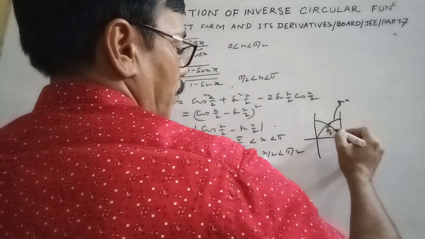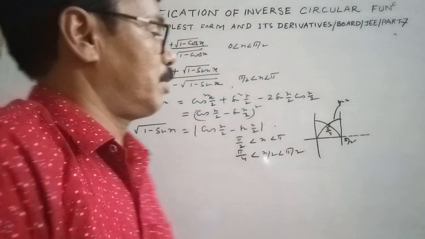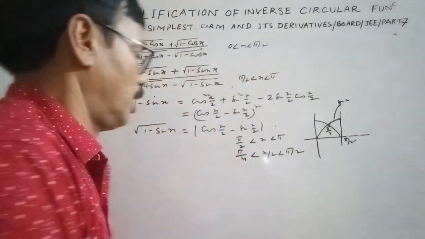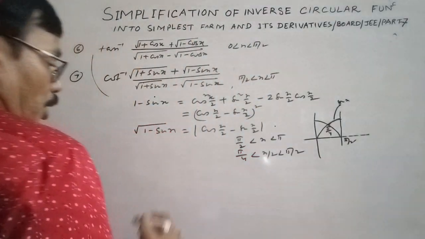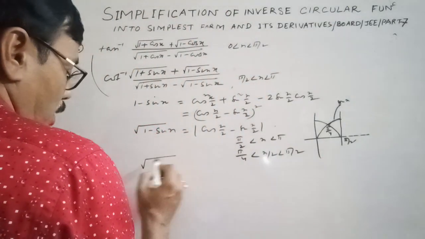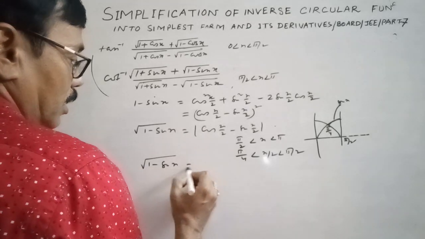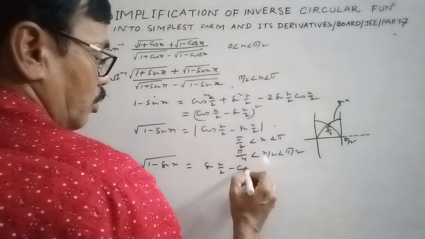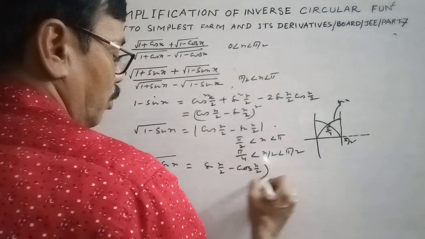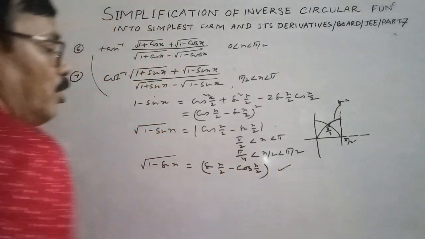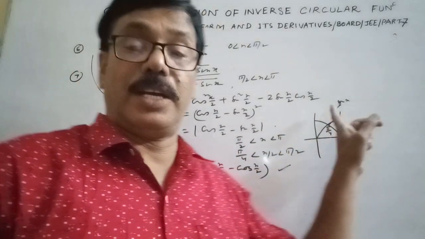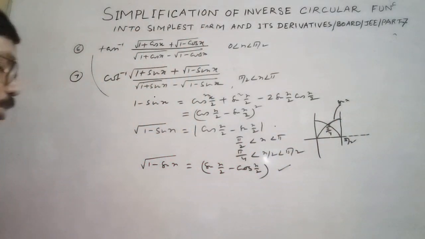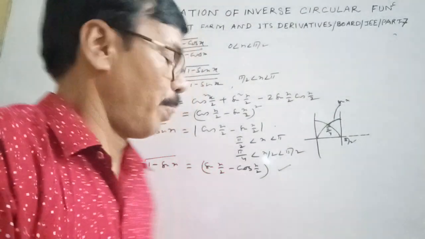The sine curve is above the cos curve, so sin x/2 is greater than cos x/2. So in this restriction, root over 1 minus sin x equals sin x/2 minus cos x/2. This is to be noted, because sin x/2 is greater than cos x/2.